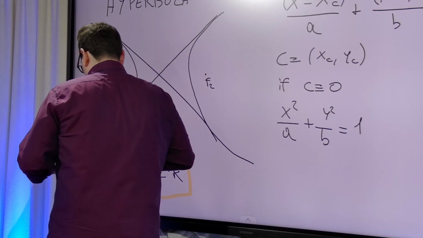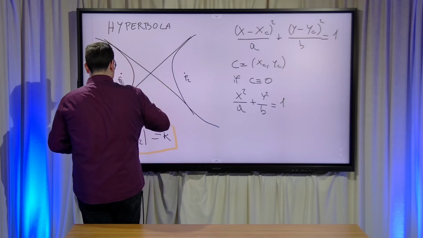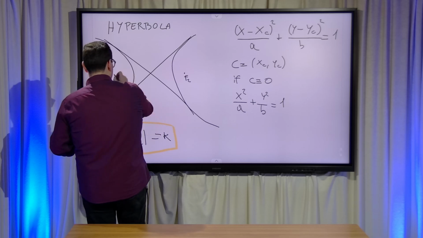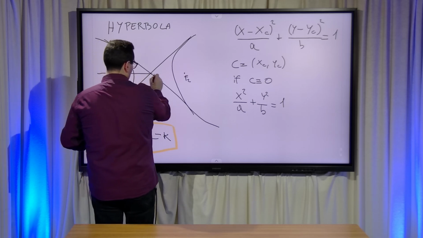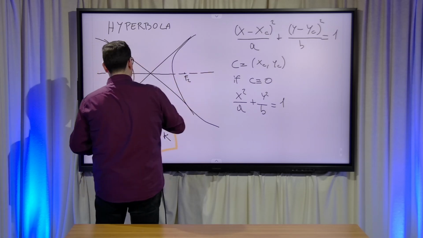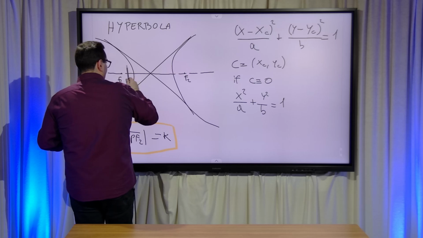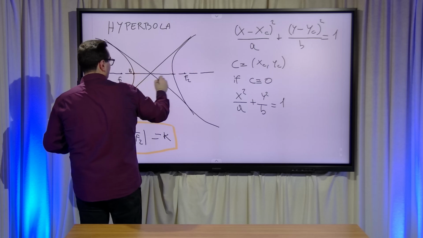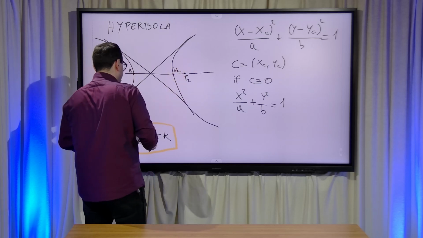The graph of a hyperbola has two disconnected branches, and the line through the two foci, this one, is the axis of the hyperbola and intersects the hyperbola in its two vertices. This is V1 and this is V2.